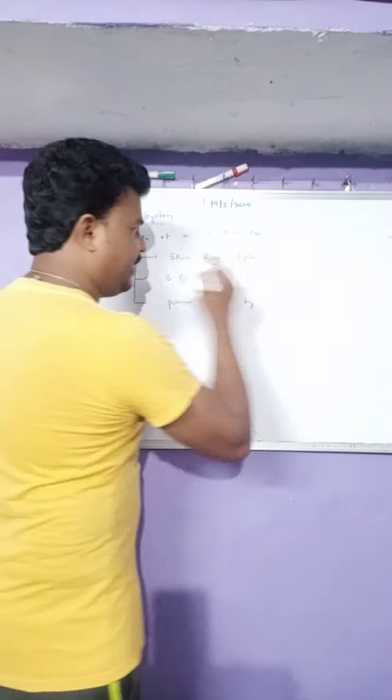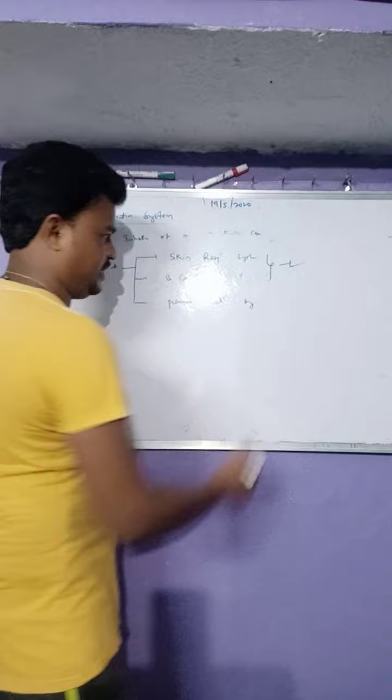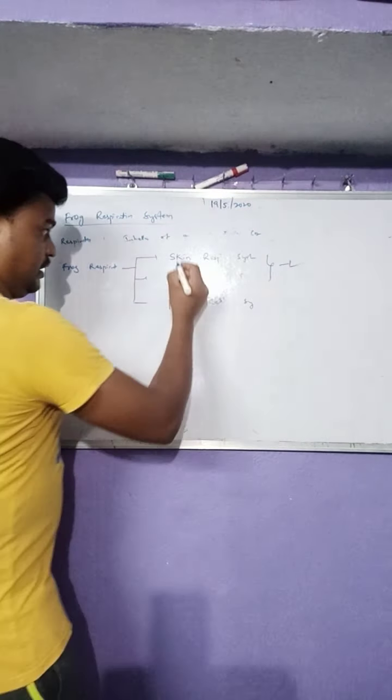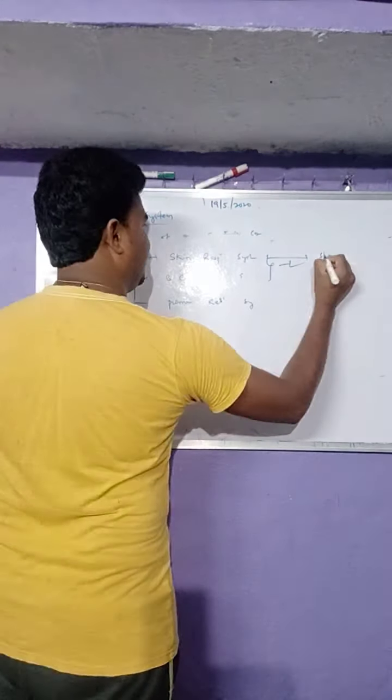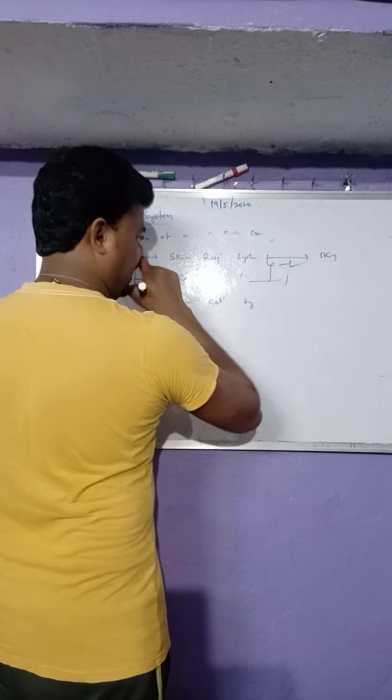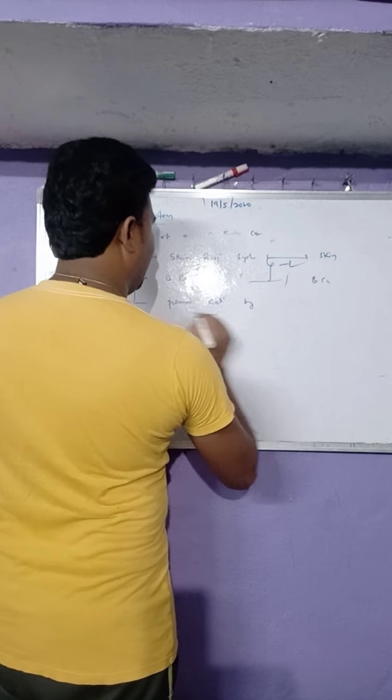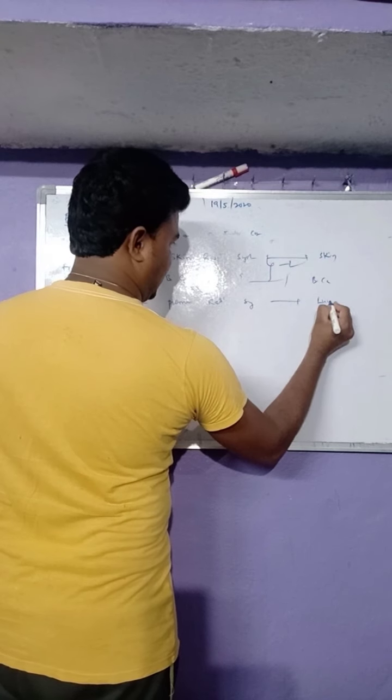Today we discuss the skin and buccal cavity respiration. The skin respiration system is carried out by the skin, buccal cavity respiration by the buccal cavity, and pulmonary respiration by the lungs.